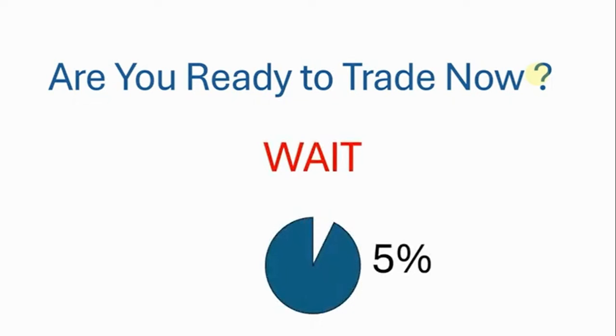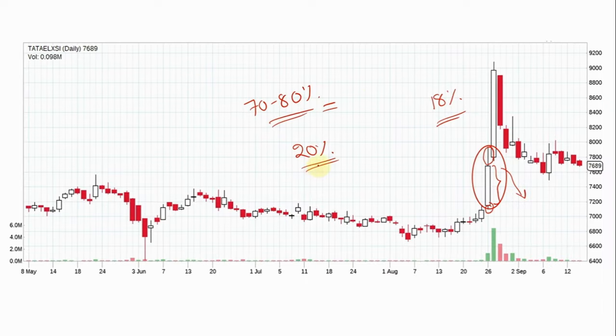What does it mean? Are you ready to trade now? Wait. Till now, in Wyckoff methodology, we have learned only 5%. We still have to learn 95%. For example, on this particular day you have a big green candle with high volume.